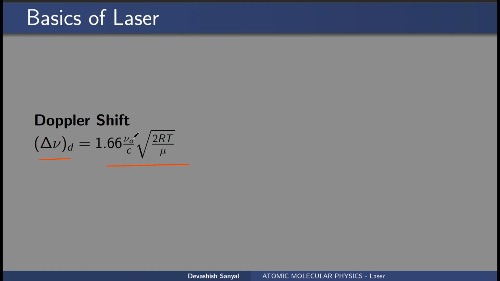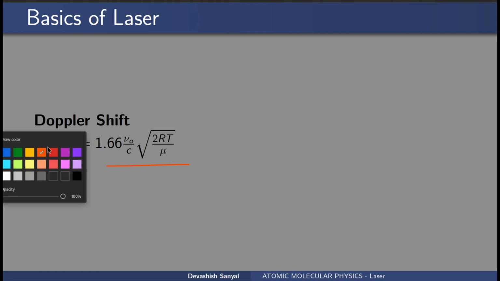Nu0 is the frequency that we would observe if the atom were static, but since the atom is not static and how fast it moves depends on the temperature on average, this delta nu depends on temperature through this expression.